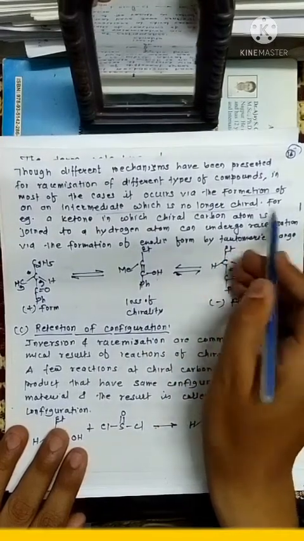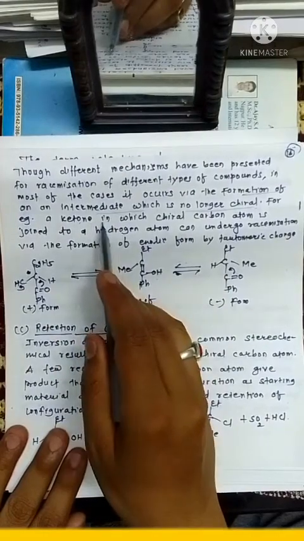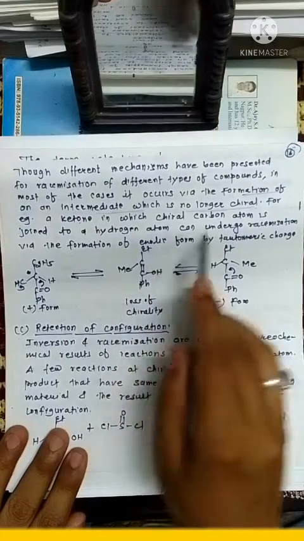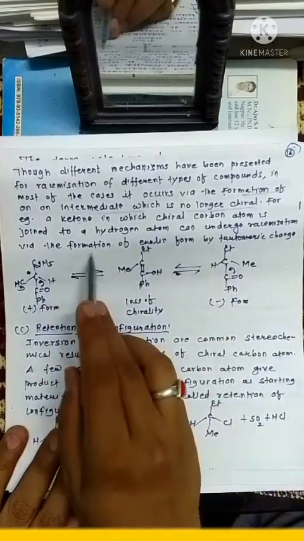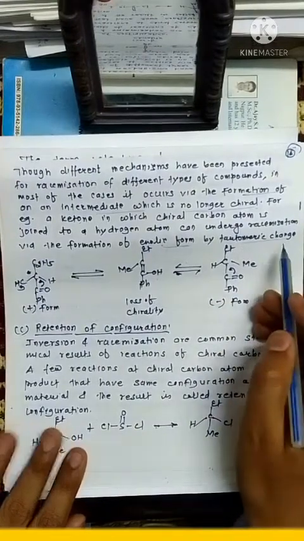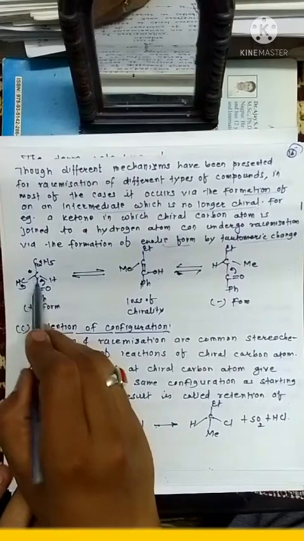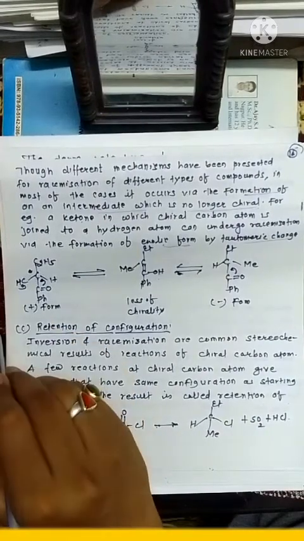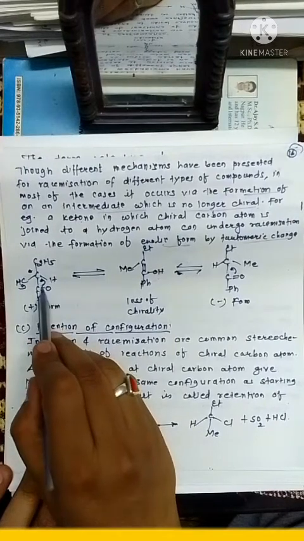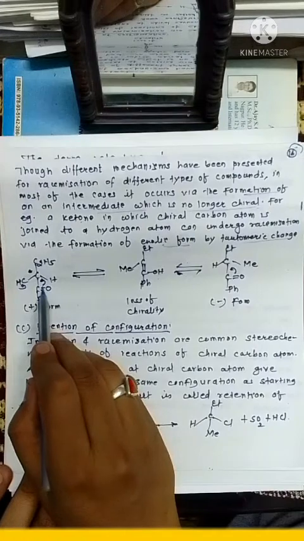It is important. For example, a ketone in which a chiral carbon atom is joined to a hydrogen atom can undergo racemization via formation of the enolic form by tautomeric change. Just see in this example, this carbon atom is chiral in nature. So this carbon can easily lose its chirality by tautomerism.